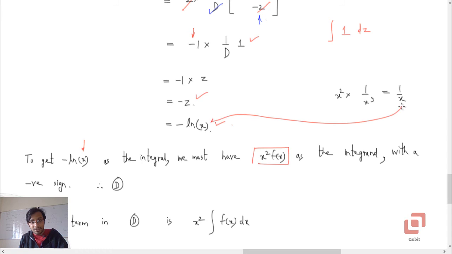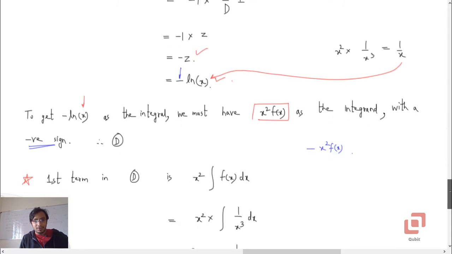But that's not it. We should also have the negative sign because of this. So we must have minus x squared f of x as our integrand.